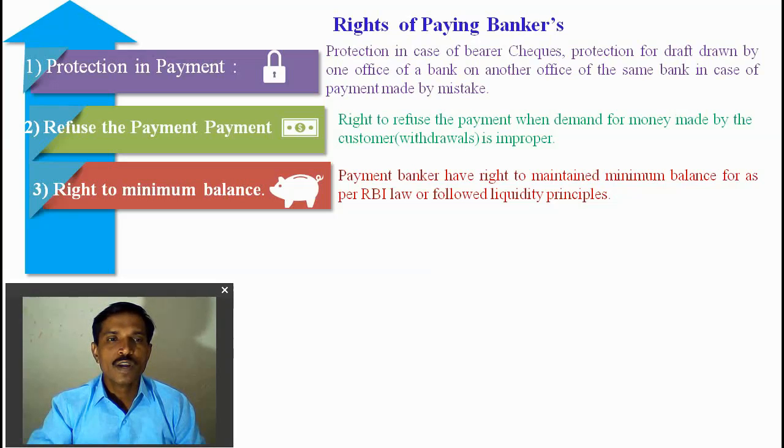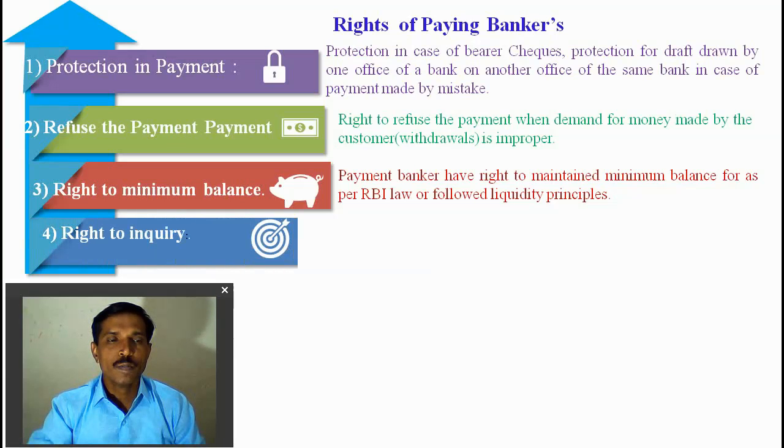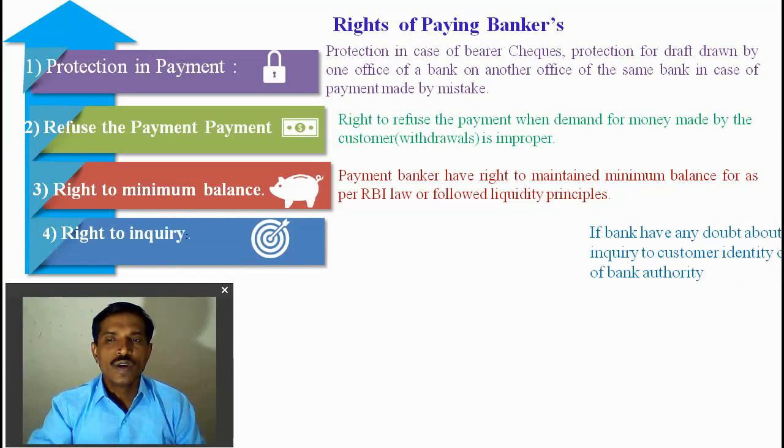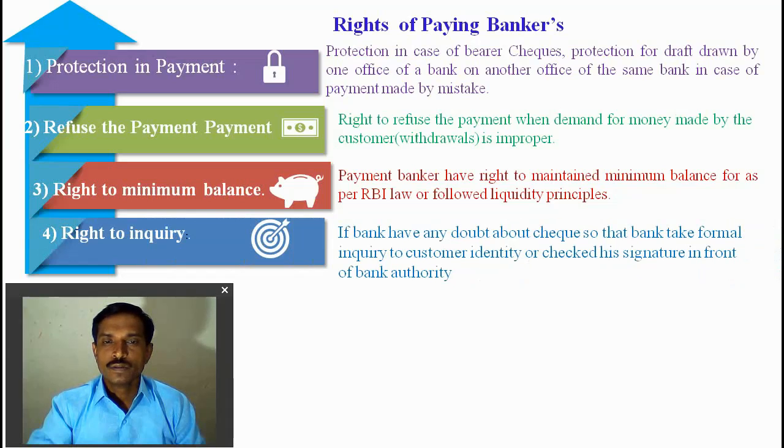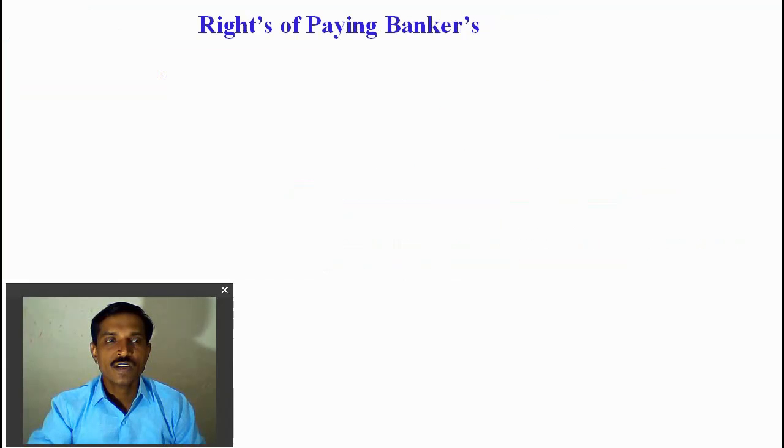Then there is the right to inquiry. If the bank has any doubt about the check, the bank can make a formal inquiry of the customer, ask for identification such as the PAN card or Aadhaar card, or check his signature in front of the bank authority against his specimen signature.